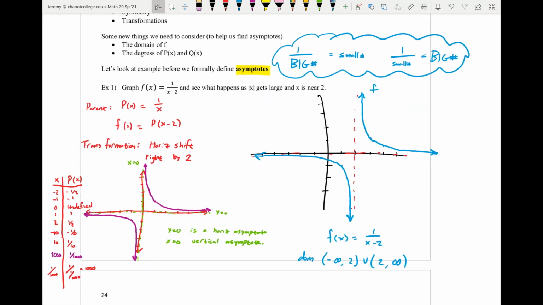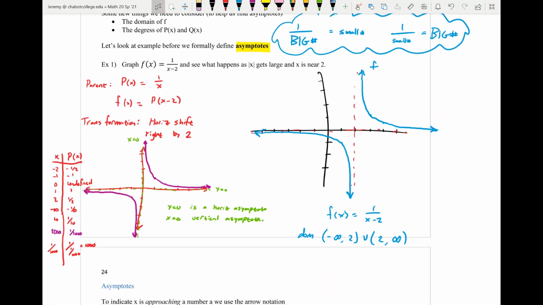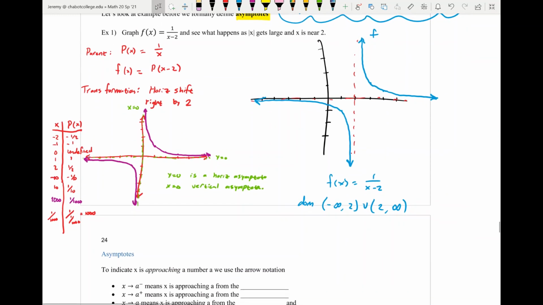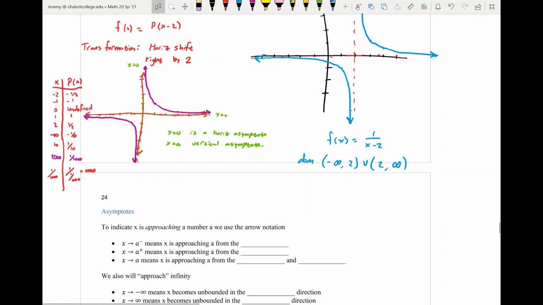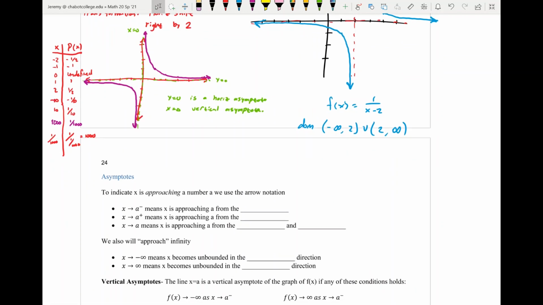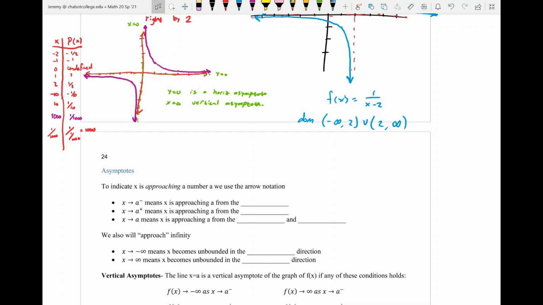Okay, well, consider that your quick introduction to very basic rational functions. So now let's talk about asymptotes in a little bit more detail. Some notation here. Remember when we were talking about end behavior, we would use notation like: as x goes off to positive infinity, f of x goes to positive infinity, and as x goes to negative infinity, f of x goes to negative infinity.